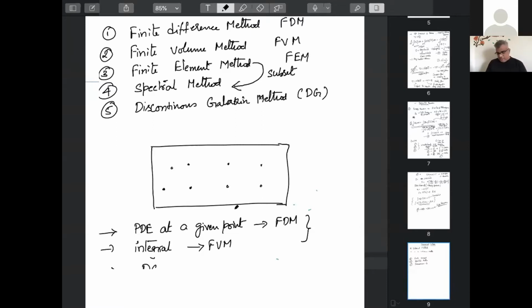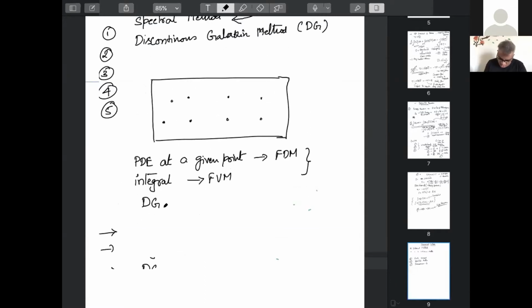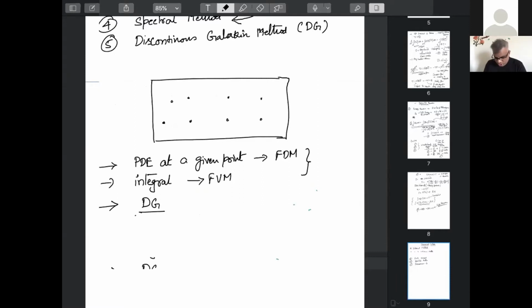So I understand the basic details of it, but I haven't written a code or implemented and worked on it, so I can't give the details. But finite difference method and finite volume method, in and out, I have worked on them. So I'm very comfortable discussing these two. Otherwise, people can opt for DG. DG is much more stable, and it's gaining importance in fluid dynamics problems. There are many recent research papers that have come out.